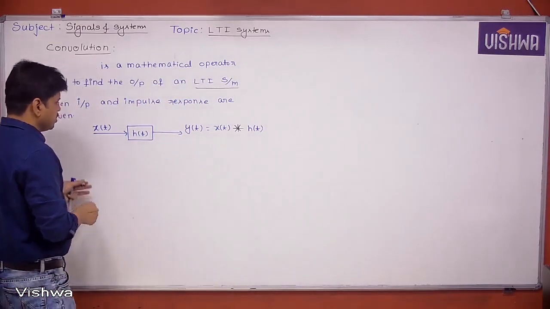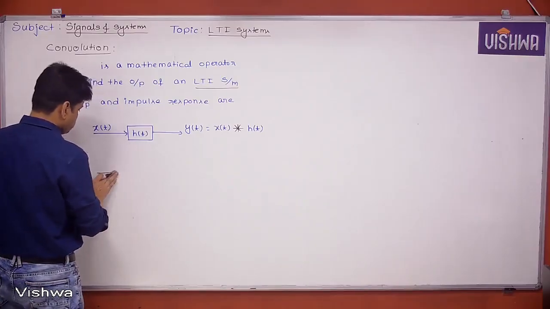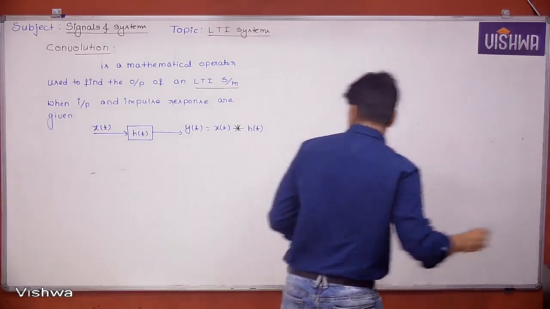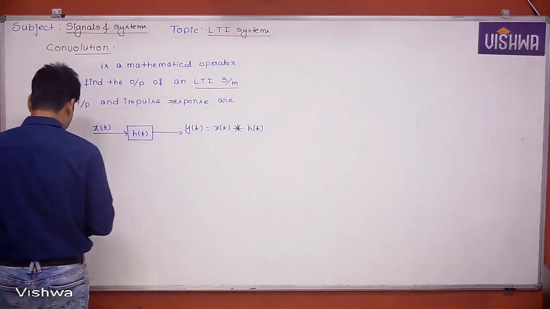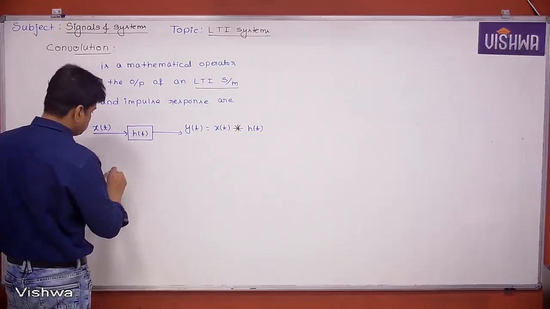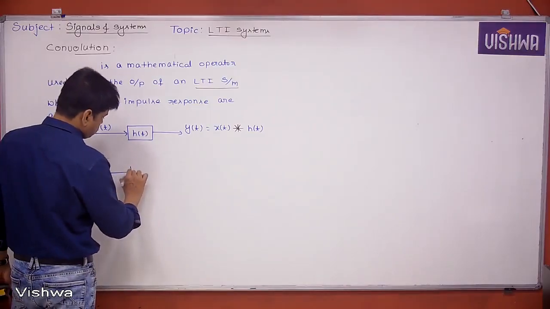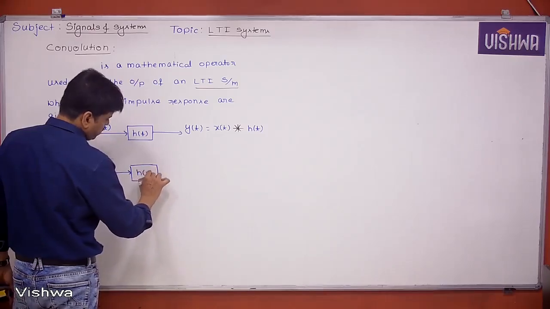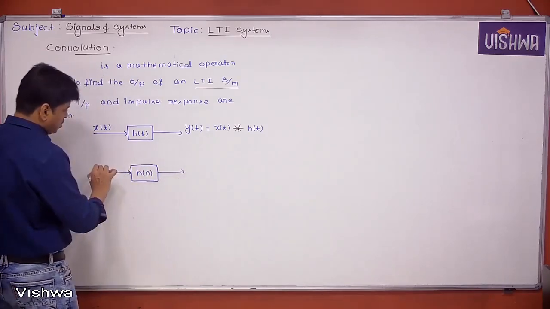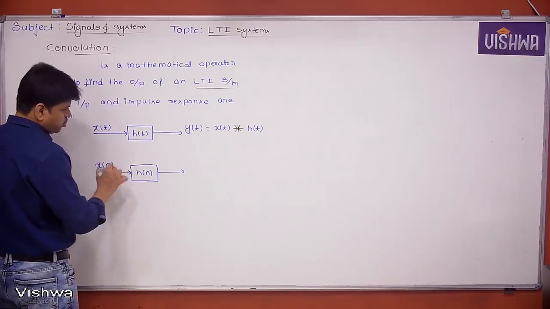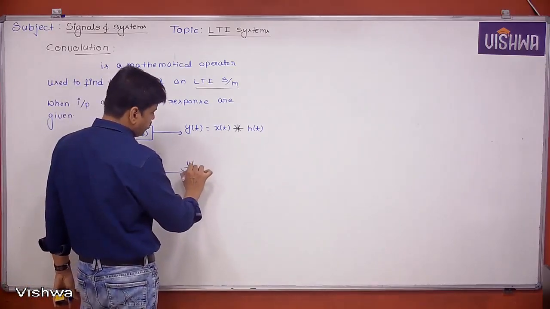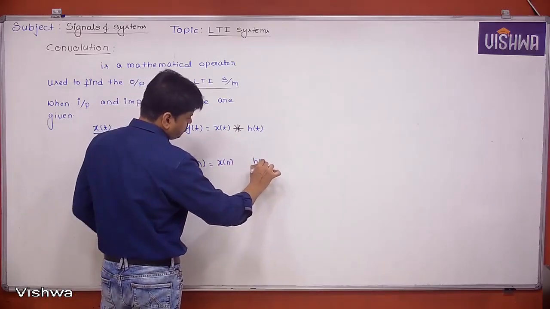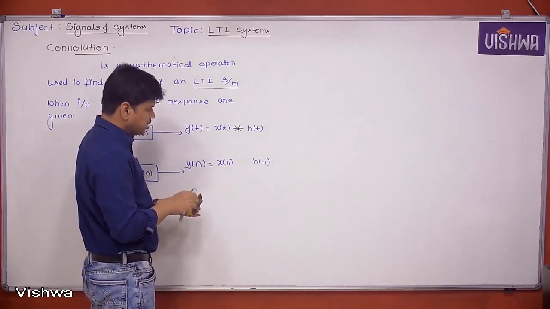Suppose if it is a discrete time system, h of n. If x of n is given as the input, then how can we calculate y of n, which is nothing but x of n convolution with h of n.